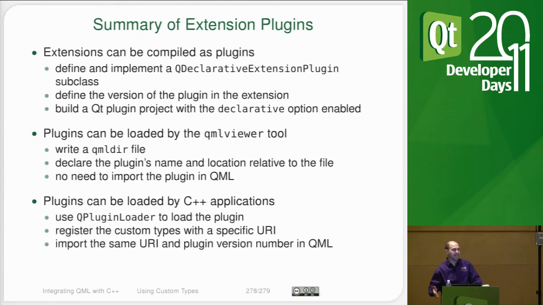So the extensions that you write in C++ can be compiled into plugins. They can be bundled with other QML files, and they can be imported as one gigantic package.